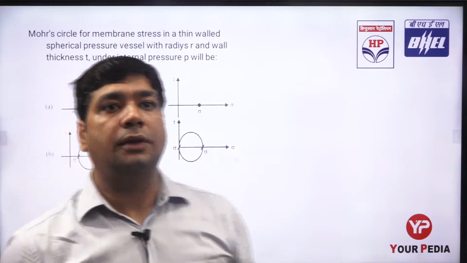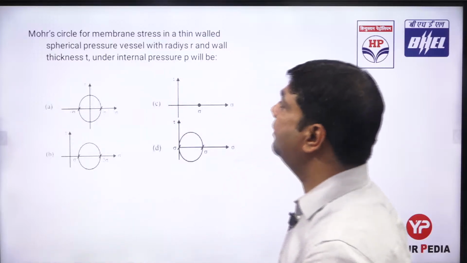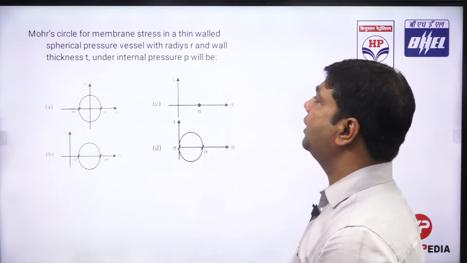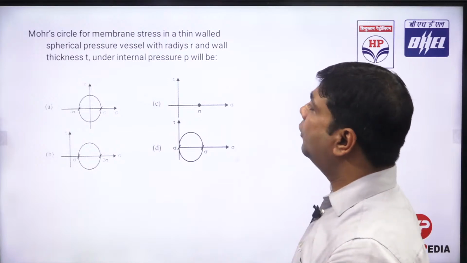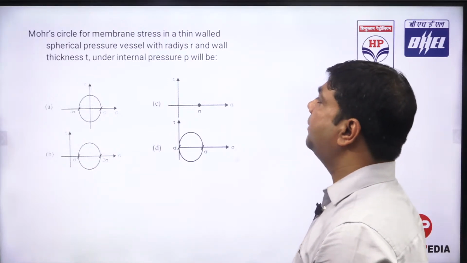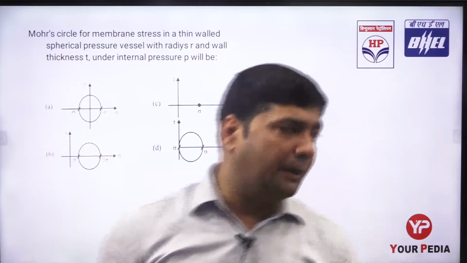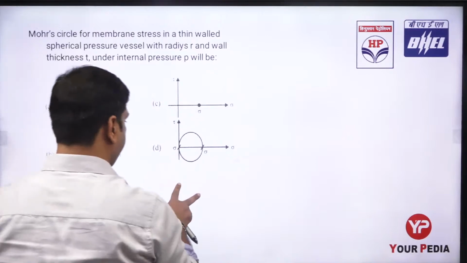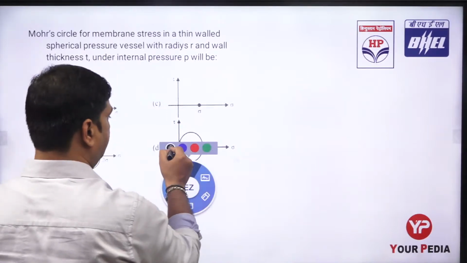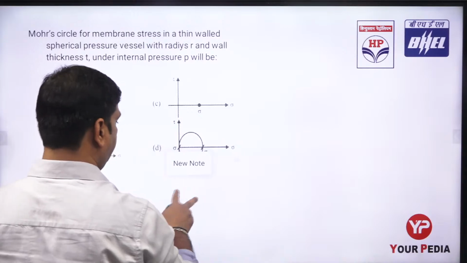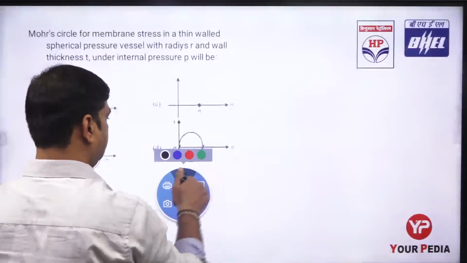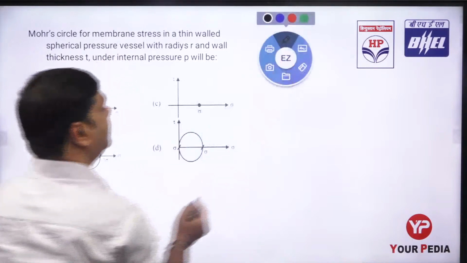C. Okay, so the question is saying that Mohr circle for the member stress in a thin walled spherical pressure vessel with a radius r and a wall thickness t under the internal pressure P will be. If I know about the spherical case, what will happen in the case of spherical?